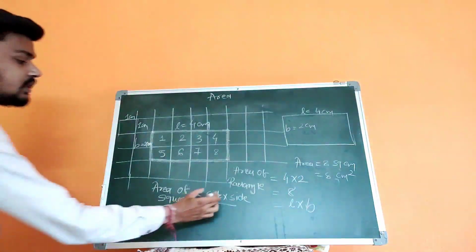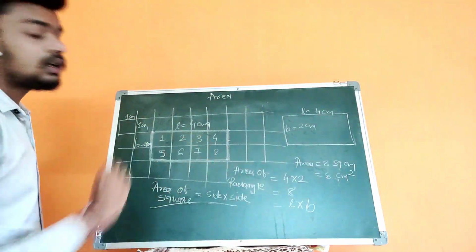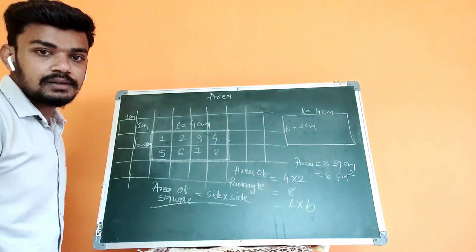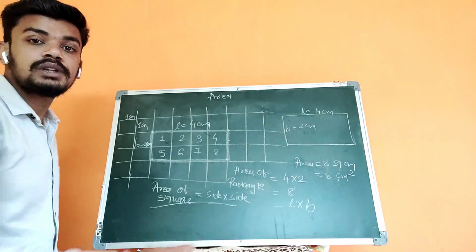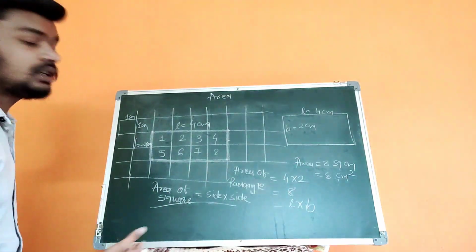Why? Because the first side is this and the other side is this. In a square all sides are equal, so just the multiplication of side with side gives the area of that square. Understood, I guess?